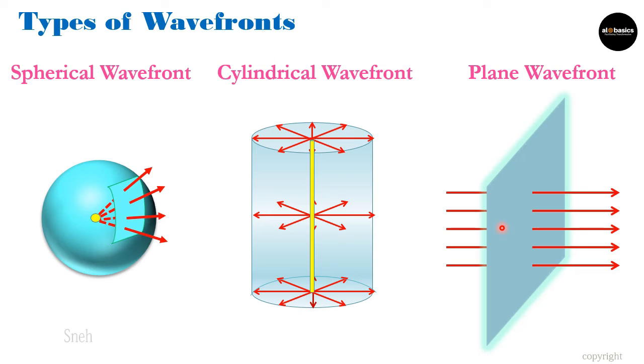How did I get this wavefront? I got this wavefront from the point source, but at a far greater distance from the point source. So in this case, wave normals are parallel to each other. In these three diagrams, you can see here wave normals are radially diverging, here wave normals are radially diverging in cross section, and here wave normals are parallel to each other.